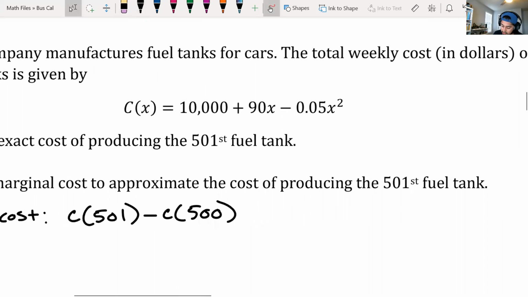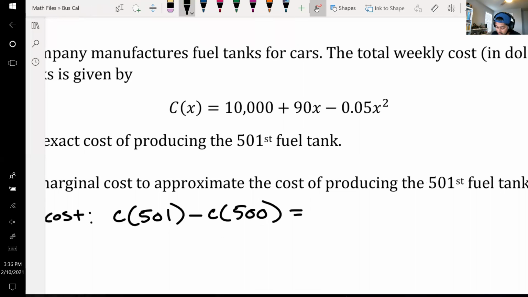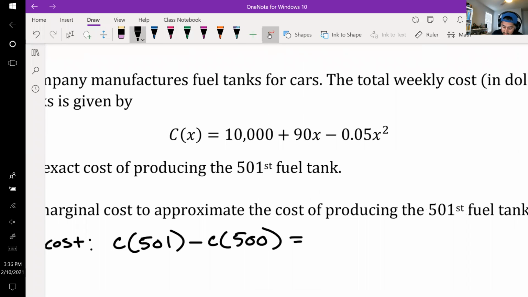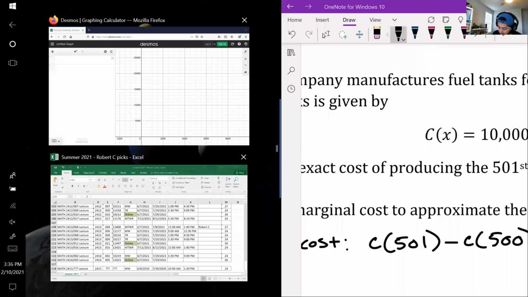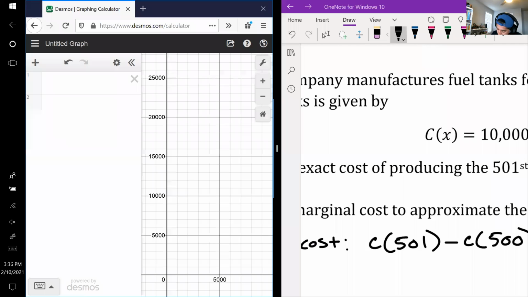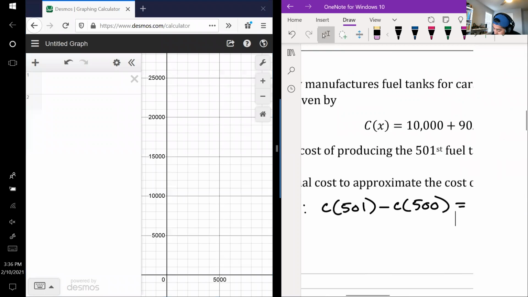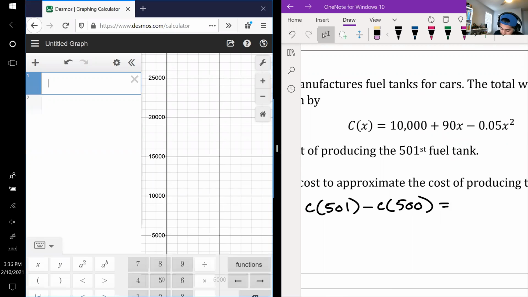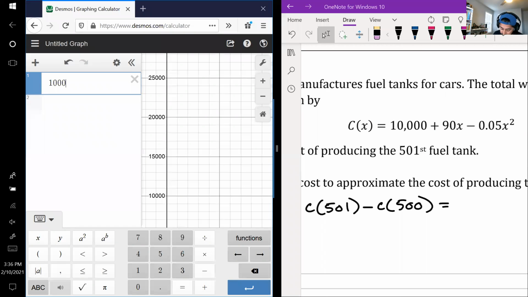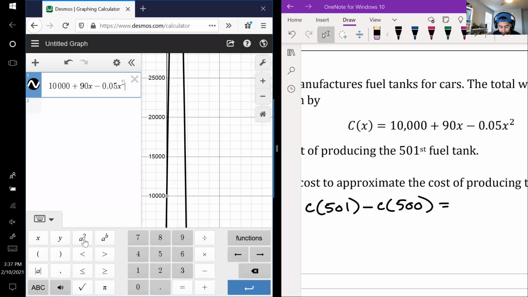So let's see what we get. I'm going to go to Desmos, my favorite, and play with this function. I'm going to type in this function, 10,000 plus 90x minus 0.05x squared.